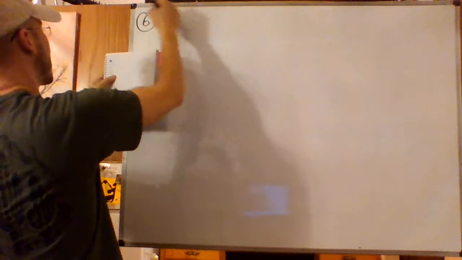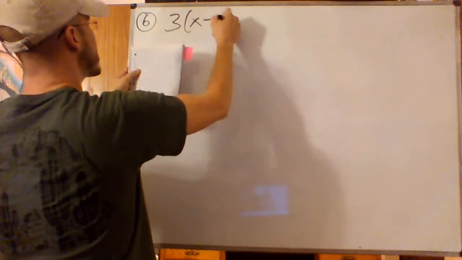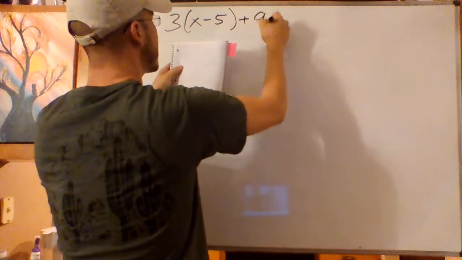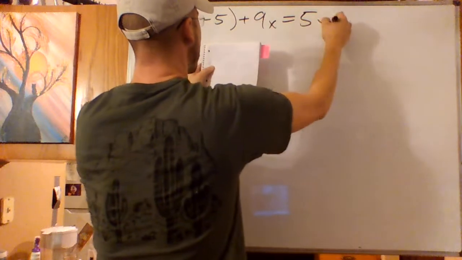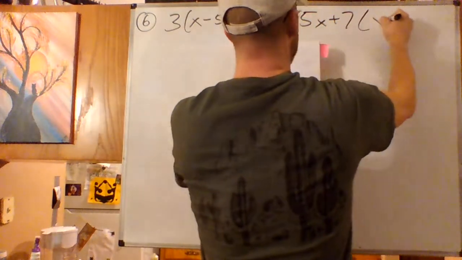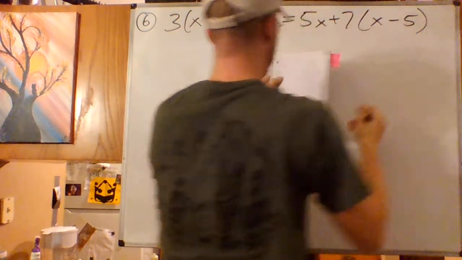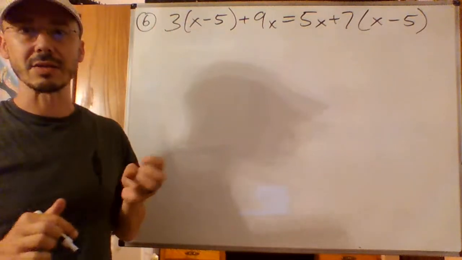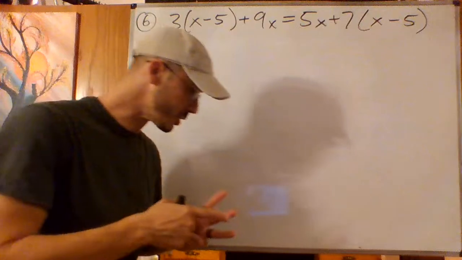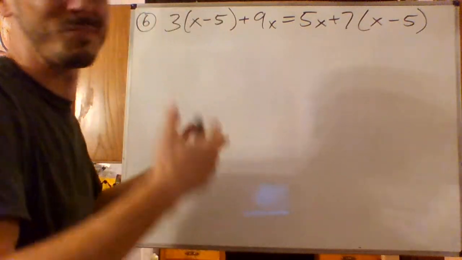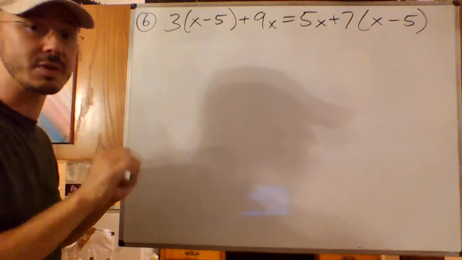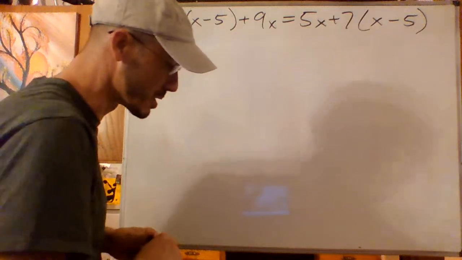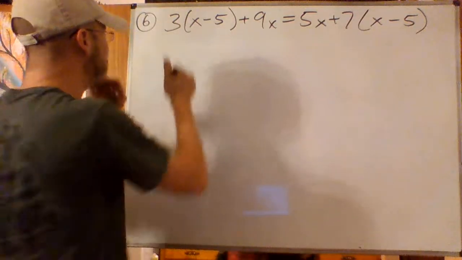For number 6, I got 3x minus 5 plus 9x equals 5x plus 7x minus 5. Like the other ones, it has the 3 bubbles with conditional, identity, and contradiction. They're not always in the same order, so it's not first, second, or third, but we'll see which one in a moment.